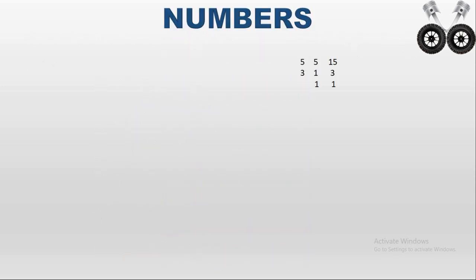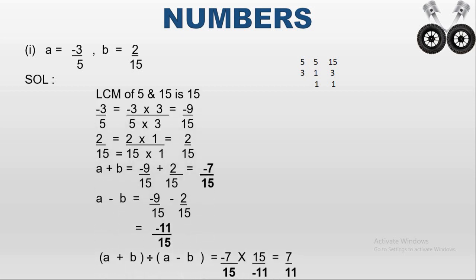Next one is subdivision 2, a equal to minus 3 by 5, b equal to 2 by 15. So a and b values are given. We have to find a plus b divided by a minus b. First we have to check whether the denominators of a and b are equal. Here the denominators are not equal, so we have to find the LCM for 5 and 15.